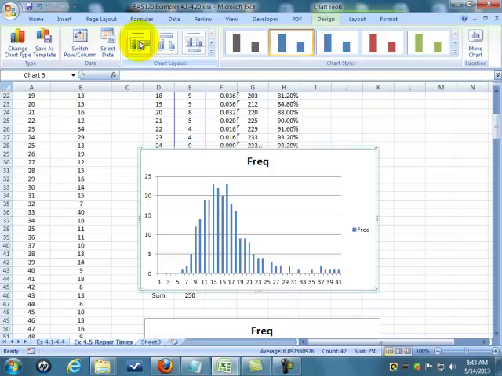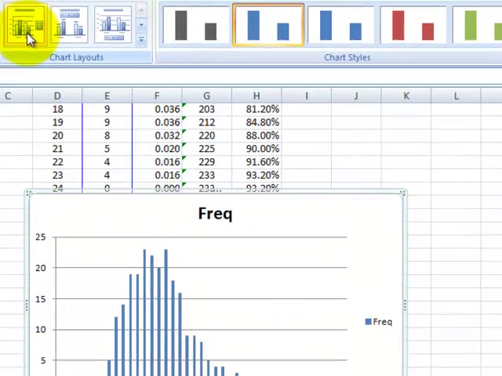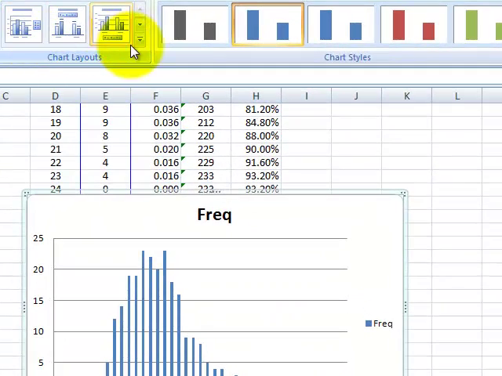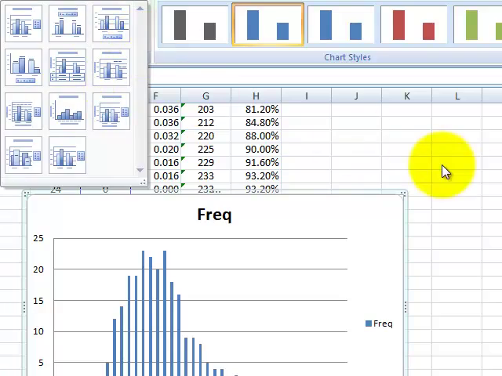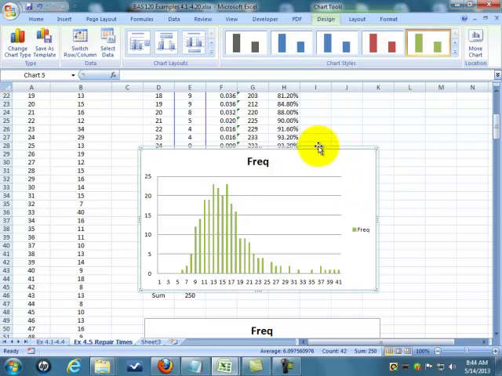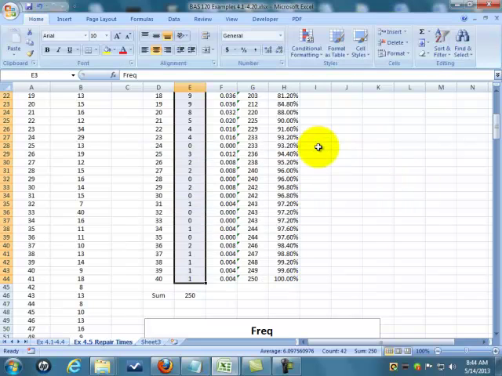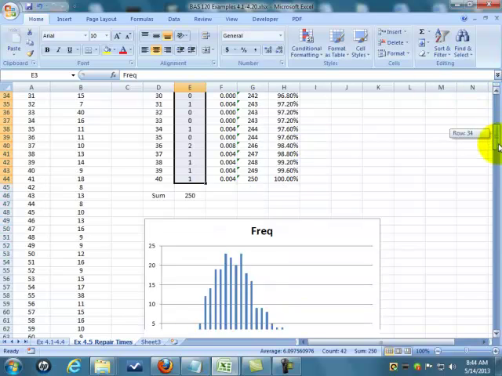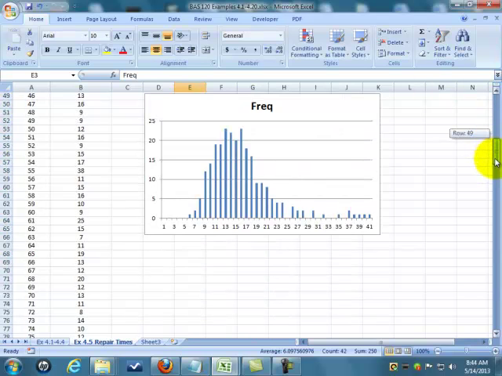You could do some quick designs here if you wanted to change it. So you've got lots of options. If I'd like it to be red or green, lots of options for you. So that's example 4.5 of different repair times.